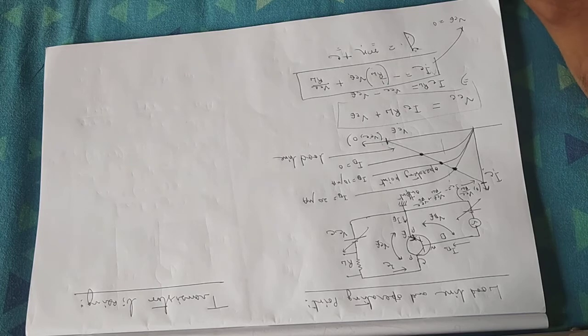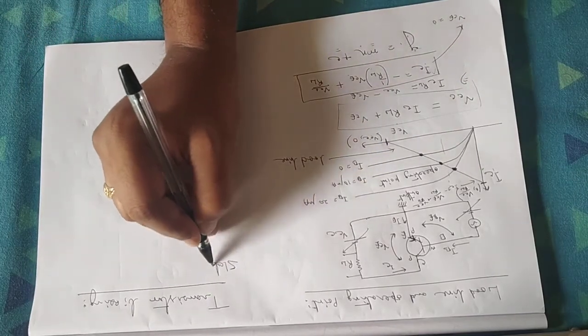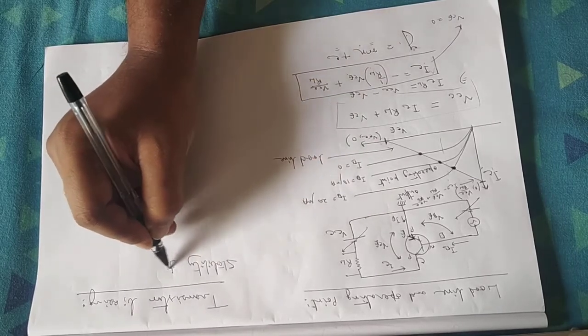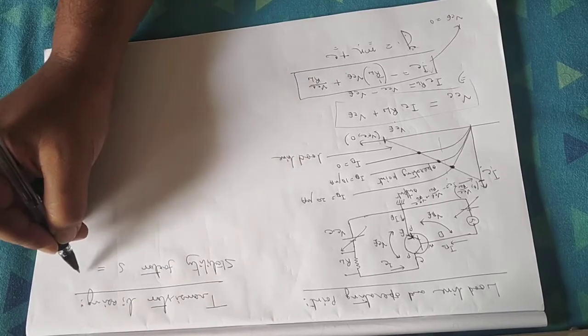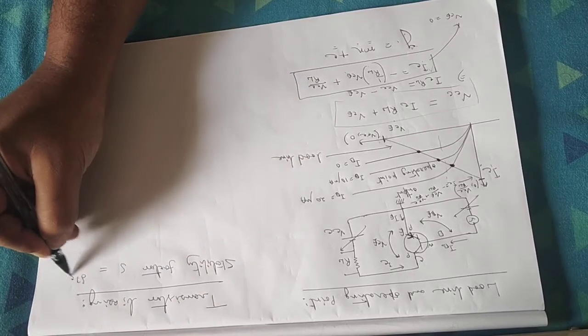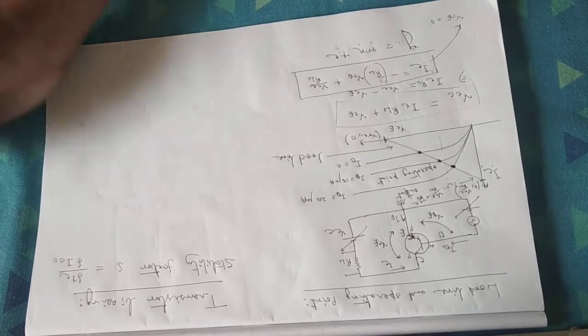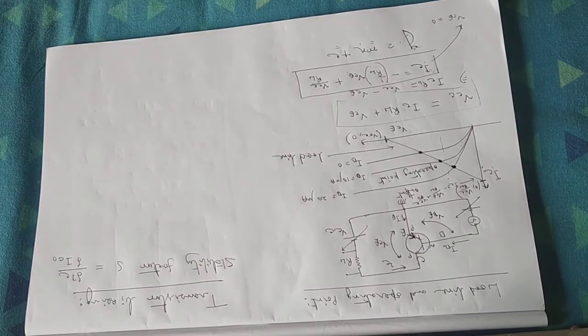The simplest way is to check the stability factor. This S can be written as delta IC by delta ICO. In a common base configuration, instead of ICO you write ICBO; in the common emitter configuration, you write ICEO, etc.